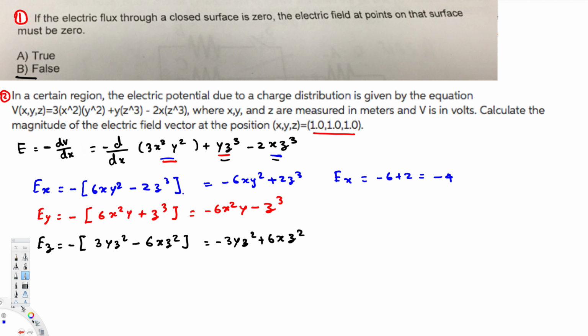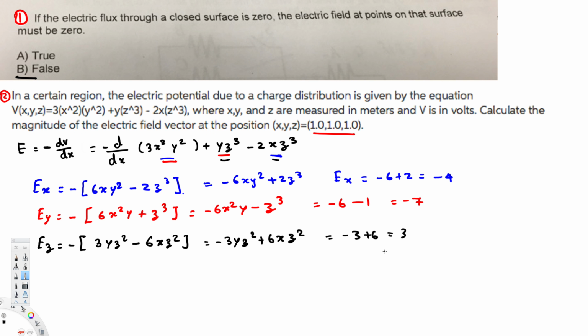And here for Ey, if you plug in the values, we will get minus 6 minus 1. That's going to be equal to minus 7, right? And let's go to the third one. Here we have minus 3 plus 6, that's going to be equal to 3, right? So now we have all the values.